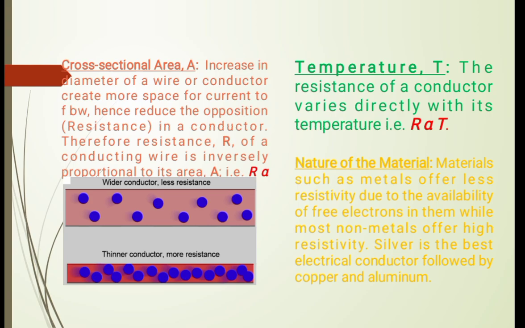From our general knowledge, we know that materials such as metals offer less resistivity because of the availability of free electrons in them. They easily allow the passage of electrons or charges through them, while non-metals in most cases offer high resistivity. And what is this resistivity?